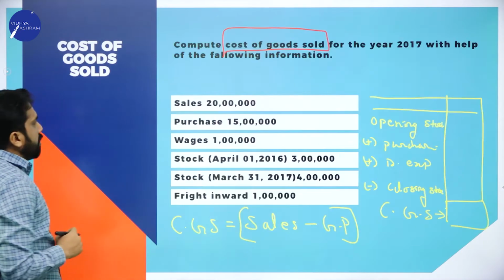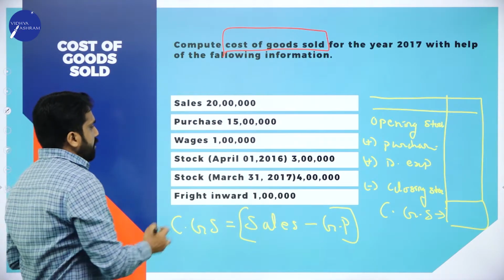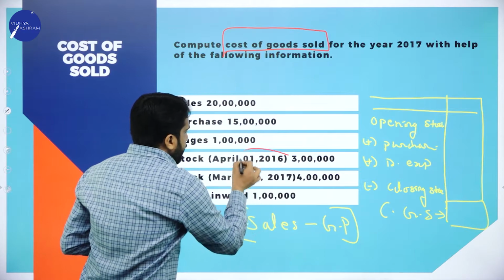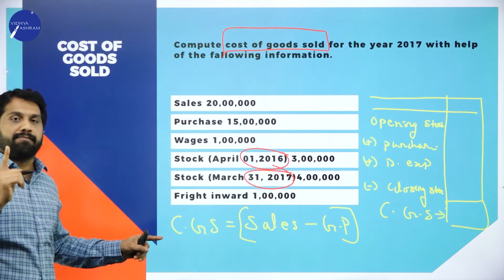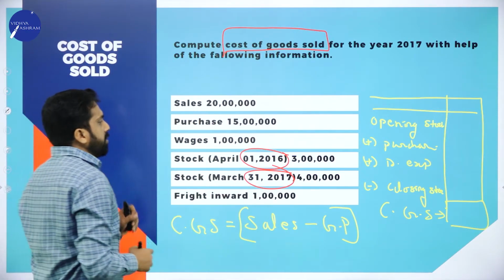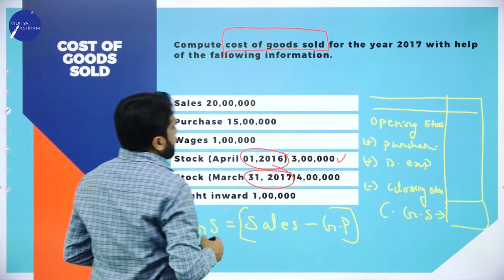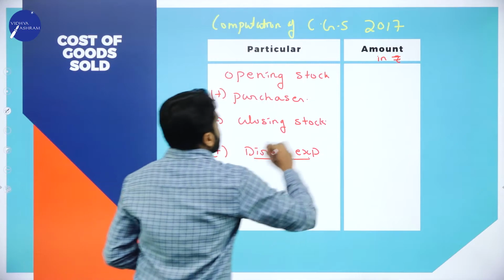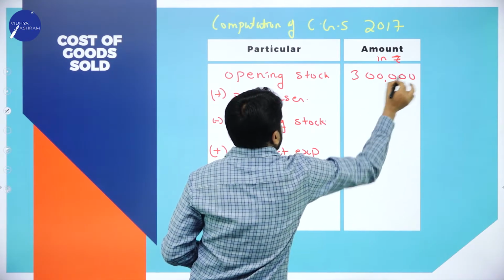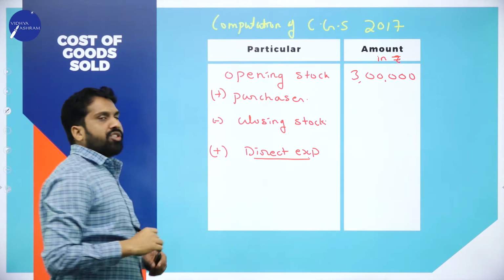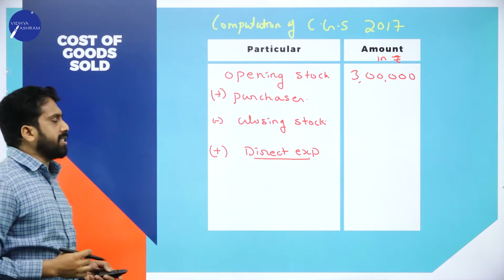First, what is the opening stock given? April 2016, 2017. Which is the opening? The first one will be opening. How much do you have? 3 lakh. Your opening stock is 3 lakh. Next, purchases. How much do we have in purchases?